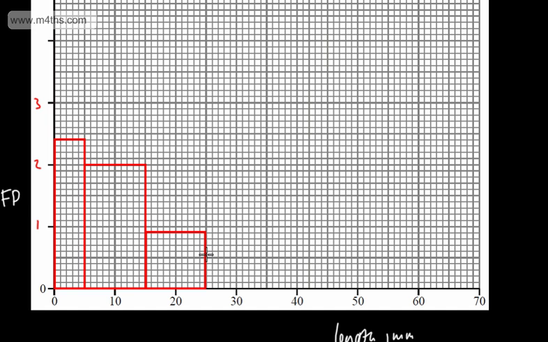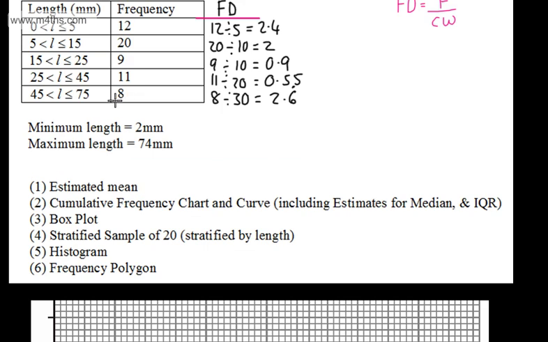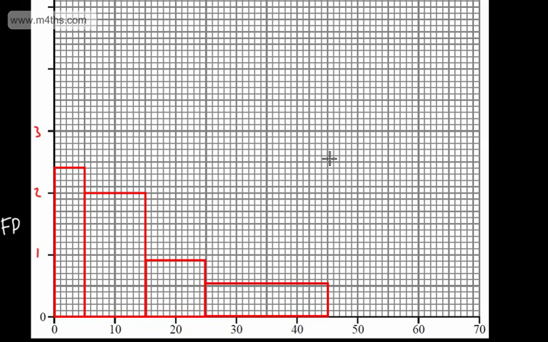So 0.55 is going to be about there. So that looks pretty good to me. And then finally now we have on here 45 to 75, 0.26 recurring. So 45 to 75, 0.26 recurring looks to be about there, and we'll take this out now to 75, and this will look something like so.